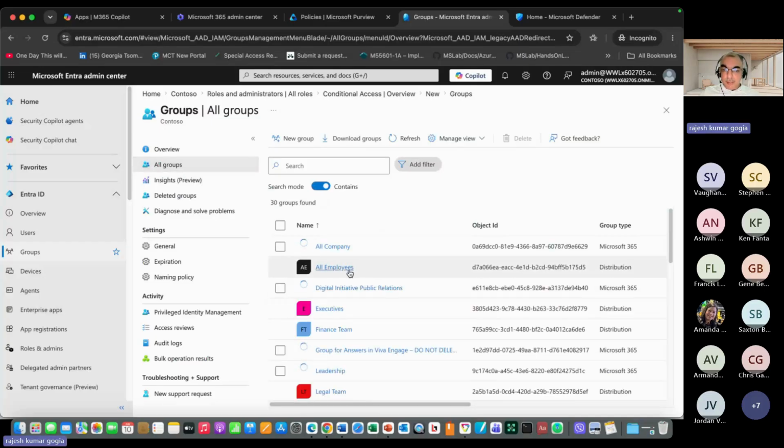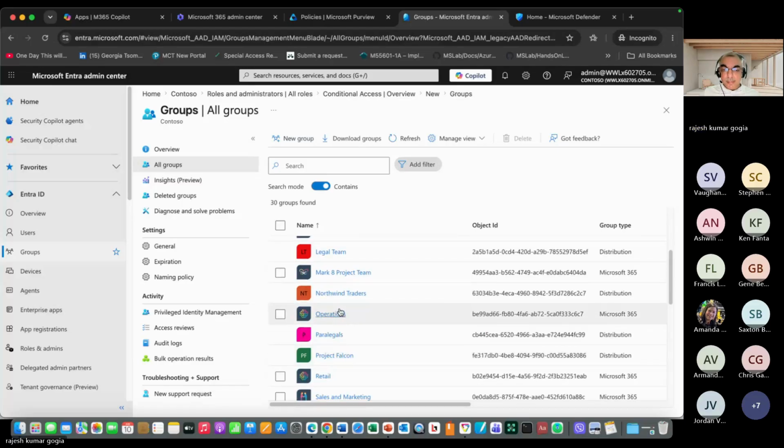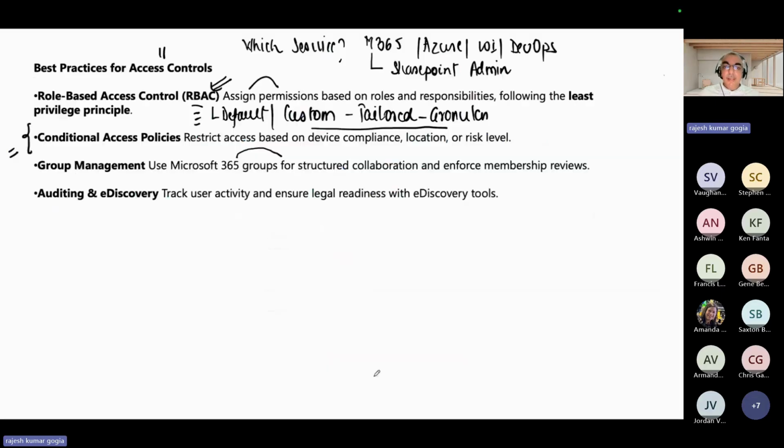You can say all employees, executives, finance team, leadership, legal team, operations, retail, sales and marketing. So what are you doing? You're creating multiple groups, so you can easily manage. Why? Because this gives you structured collaboration. Plus, along with that, using auditing and e-discovery.